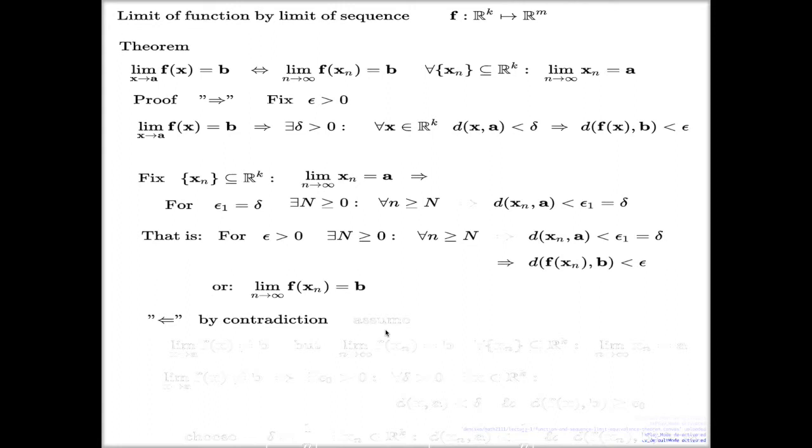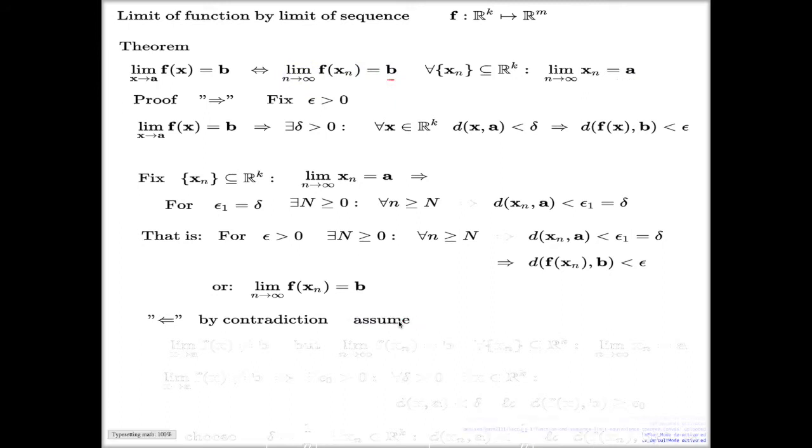Yeah, we will assume that this is true, but this one is not true. So we will assume that the limit of f of x is not equal to b, according to the definition of the limit, and yet we have this statement that for every sequence converging to a, f of that sequence converges to b. That's my assumption.